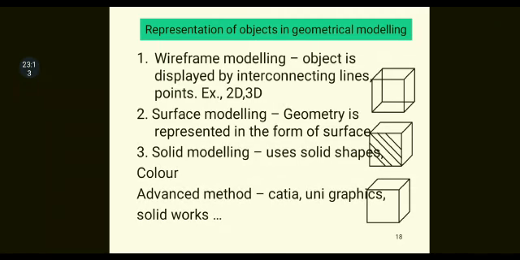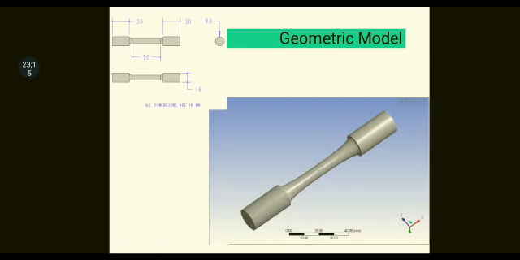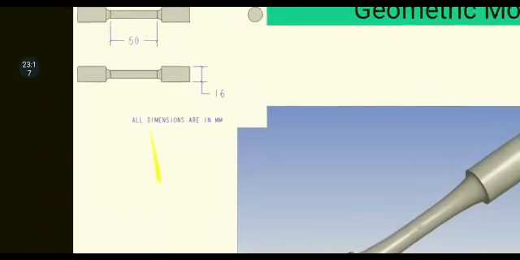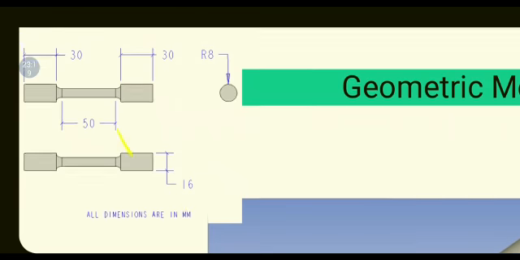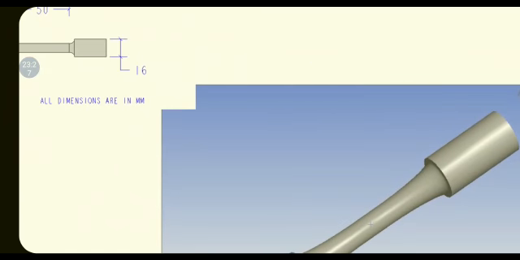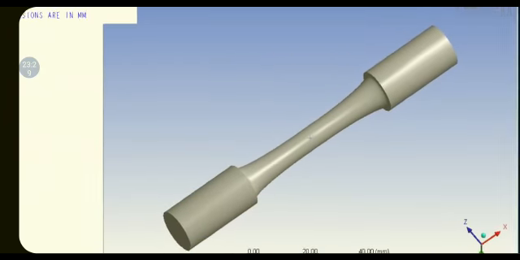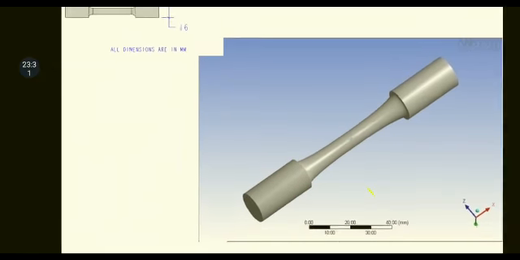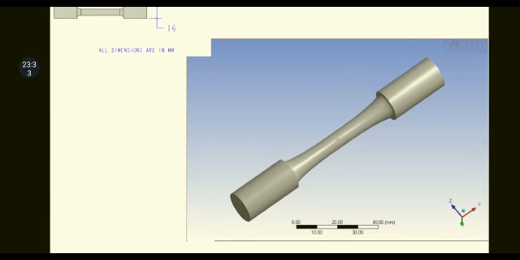Then, for example, you can see some geometric model. See, dimensions are being given, everything in mm. Diameter is also given. And we have developed one geometric model, with the coordinate system, etc. I hope you can see the pictorial representation.